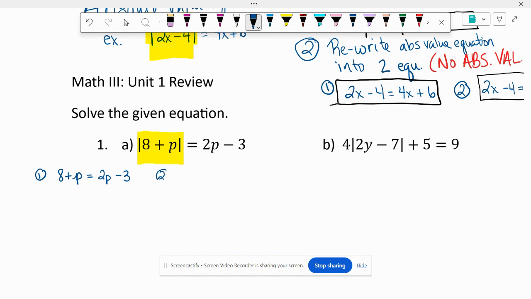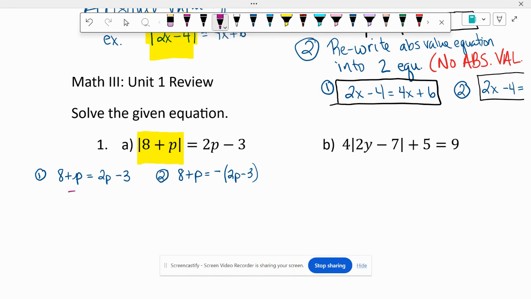My second equation, 8 plus p equals the opposite of the quantity 2p minus 3. It's the opposite. So I'm going to have to do some distributing. So let's solve the positive one first. Let's solve this equation number 1 first.